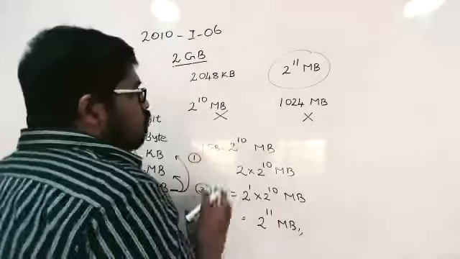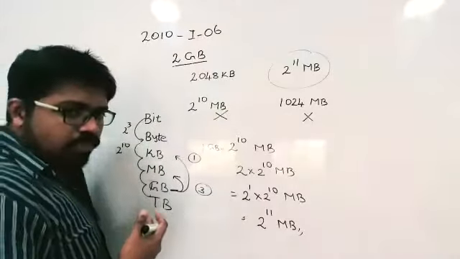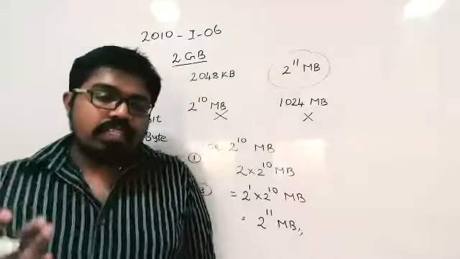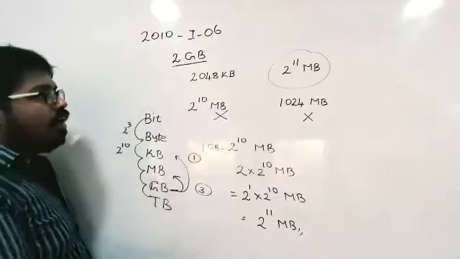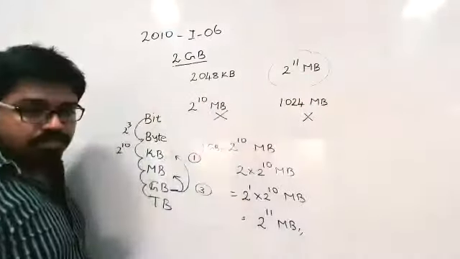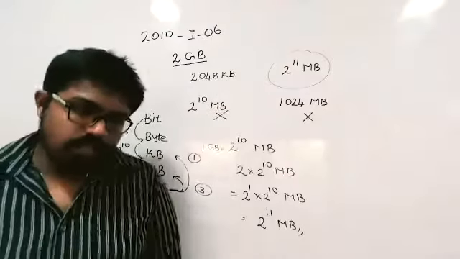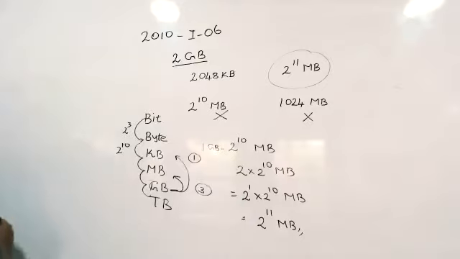So among the answer options, you have to initially do the highest number of answers in the same unit. Here, answers are in 3 options, megabyte. So that's why I considered that one. That is the 2010 part 1, question number 6.